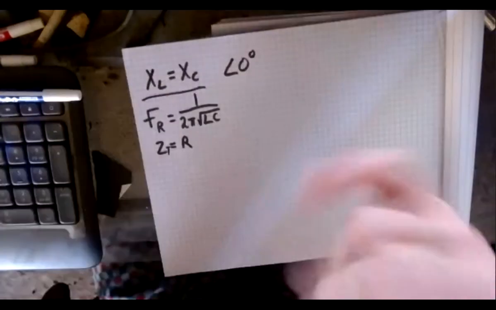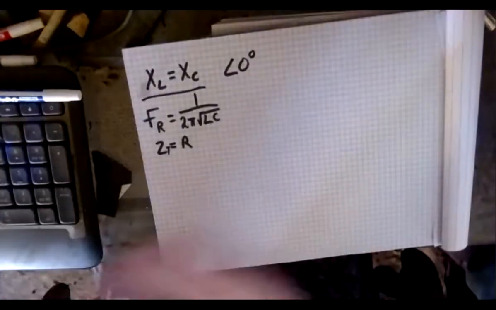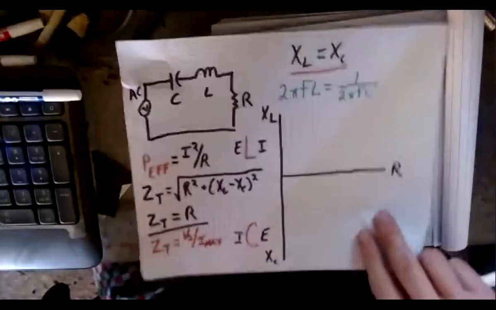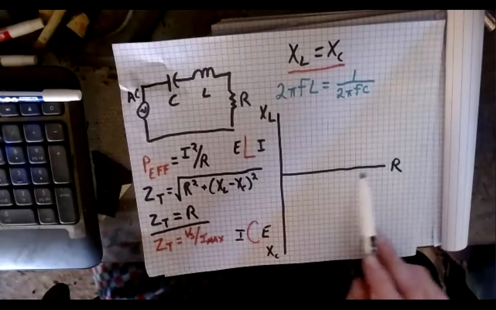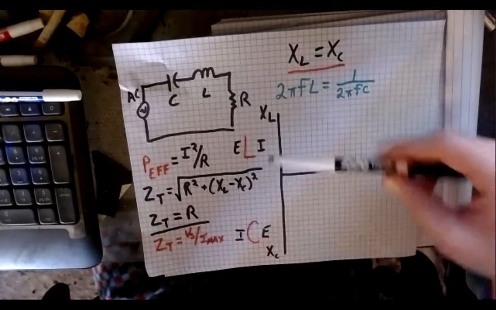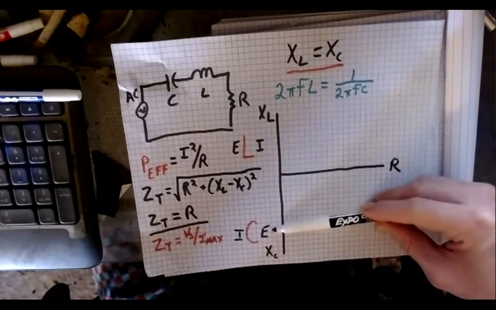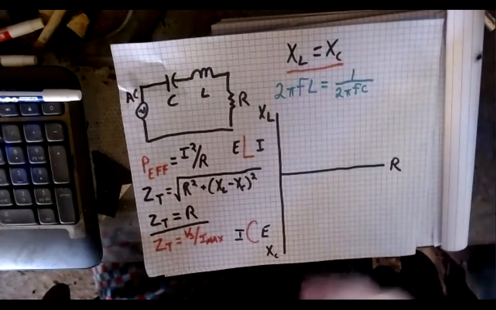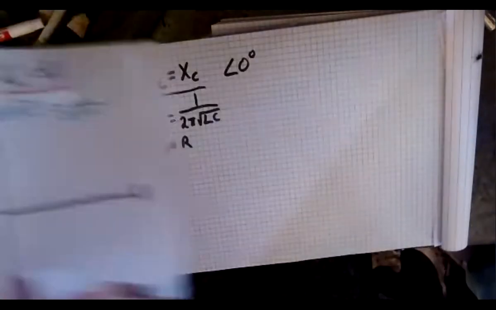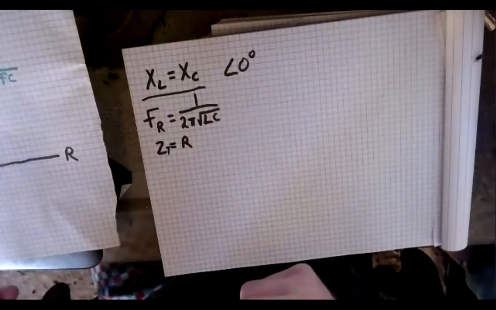Zero, because it's ideal. It's going right on that graph. Because these two are canceling each other out, we're dealing on this plane only. So we alleviate this and this effect to pull us right in the middle. So now my current and my voltage are totally in phase with each other.